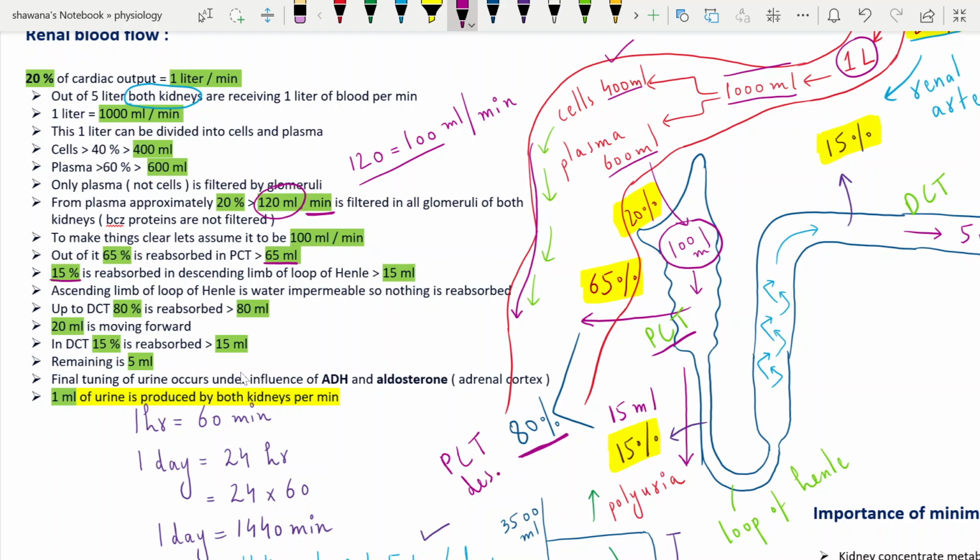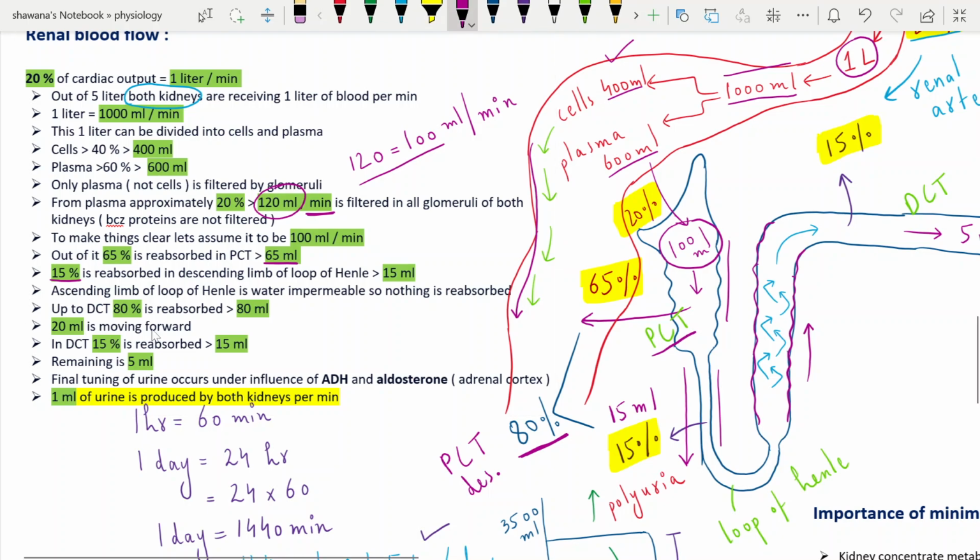In the ascending limb, there is no reabsorption occurring because it is impermeable. The walls of the ascending limb of the loop of Henle, or thick limb of the loop of Henle, are impermeable to water and the solutes dissolved in it. So there is no reabsorption occurring in the ascending limb. So proximal convoluted tubule 65%, descending limb 15%, so it becomes 80%.